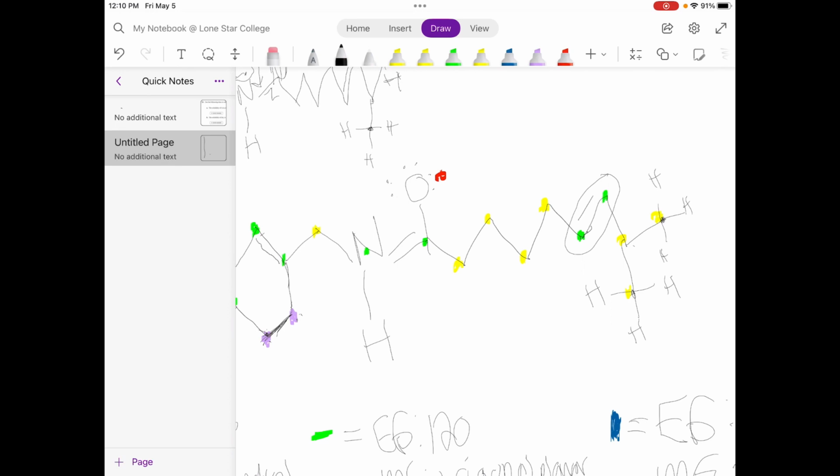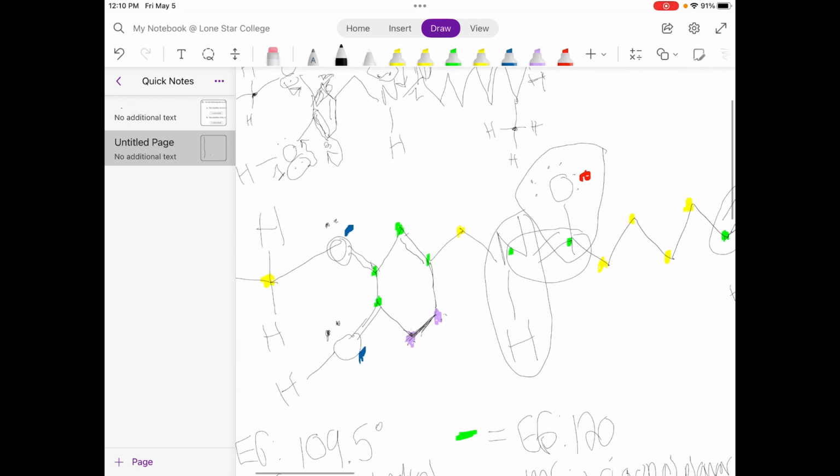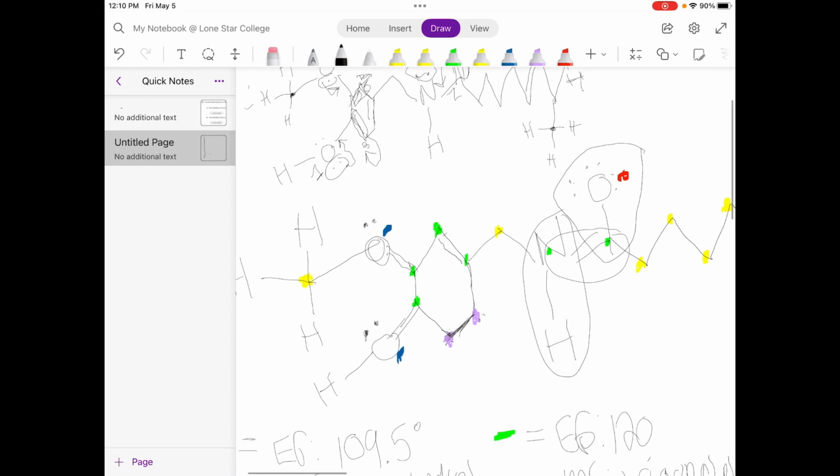This definitely has to be something. I don't know what, but I guess we'll find out. This probably is something. I usually like to just circle everything, but then I find out it's not a functional group, so I erase it at the end. This definitely has to be something.